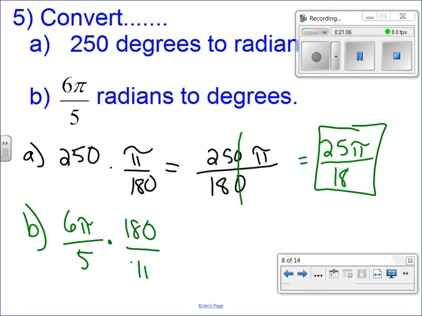Just the reciprocal of what you did in part A. I love part B and going from radians to degrees because I can always just slash my pi's out. So slash that pi out, slash that pi out, and then use your calculator. So 6 divided by 5 times 180. Did you guys get 216 degrees?